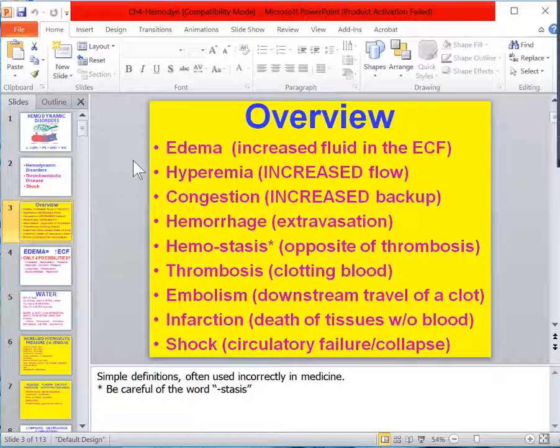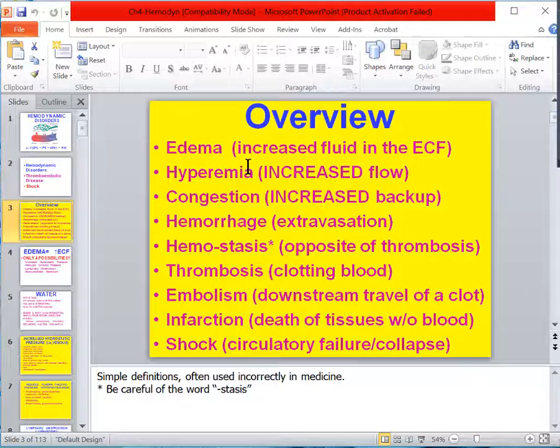So as long as we're going to be starting on a 2-day journey, we should generally know the precise and correct medical definitions of all these terms. Edema, as you know, is an increased fluid. It's in the water compartment called the extracellular space or extracellular fluid. It's not in the cells, it's not in the blood vessels, but it's in the space between the cells and the blood vessels. Increased fluid is called edema. Hyperemia technically is what it might sound like.